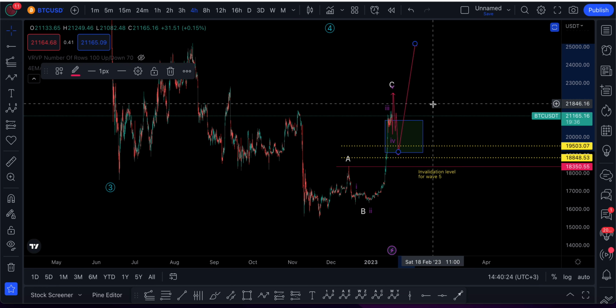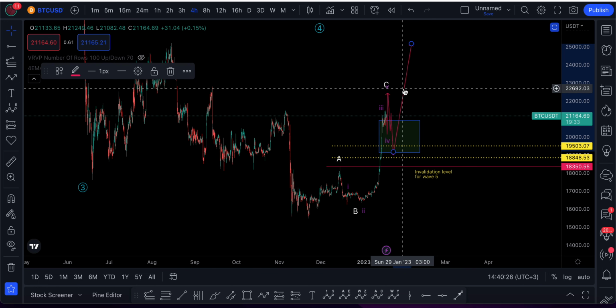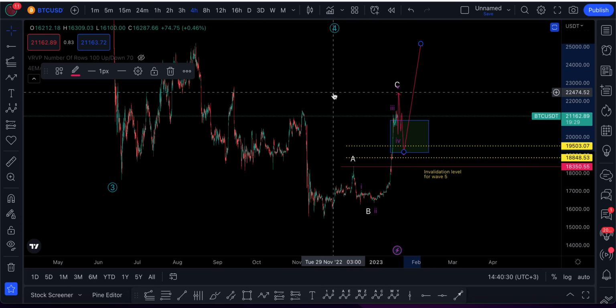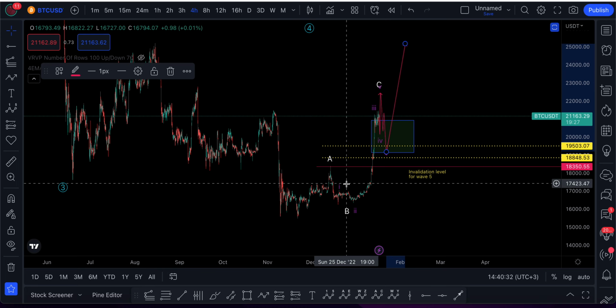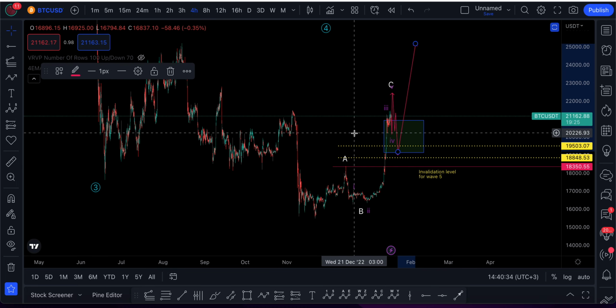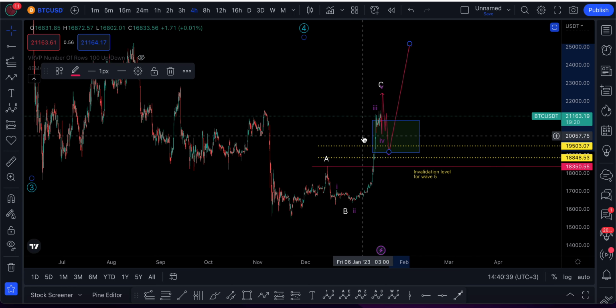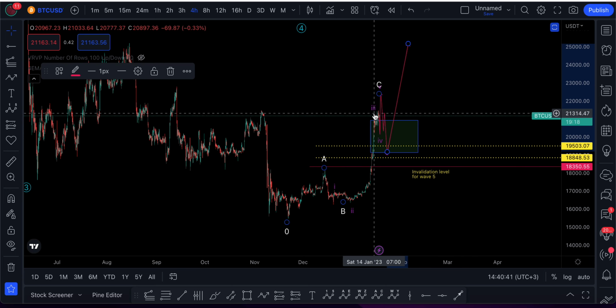Okay, so I'm sure many of us are still wondering, has BTC bottomed or not? Well, trying to guess the tops and the bottoms is not my style. I'll simply follow price action. So we have had an impulsive move to the upside, meaning the bulls are currently in control.